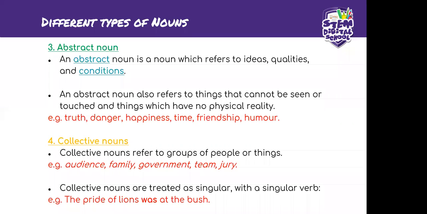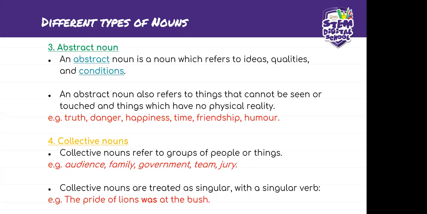Number 4, collective nouns. Collective nouns refer to groups of people or things. For example, an audience. Remember, an audience is a group of people who are watching a show or listening in. Family. Family is a group of people who are related to each other.